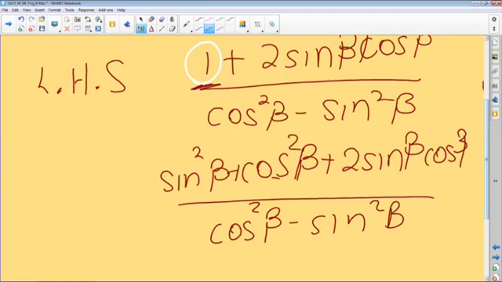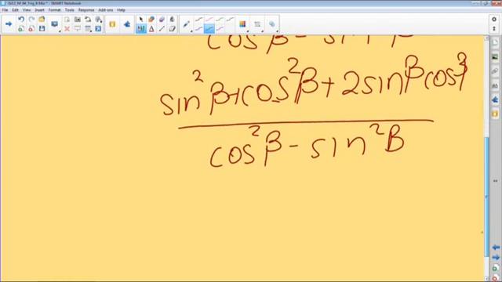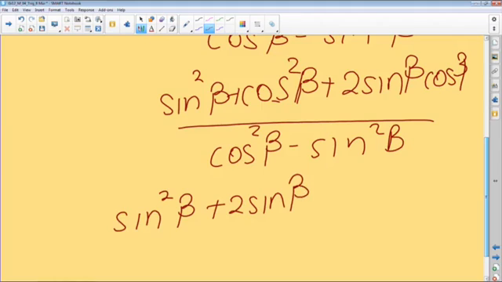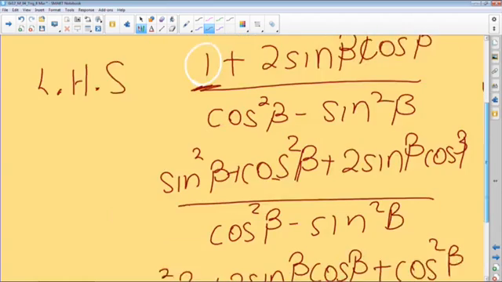Now I've got sine squared plus cos squared. I'm going to just rearrange that in the numerator so it's easier for you to see. So it's sine squared beta plus 2 sine beta cos beta plus cos squared beta.